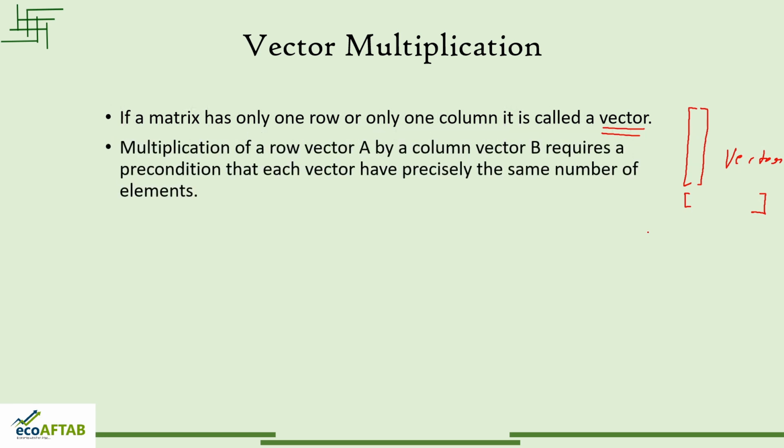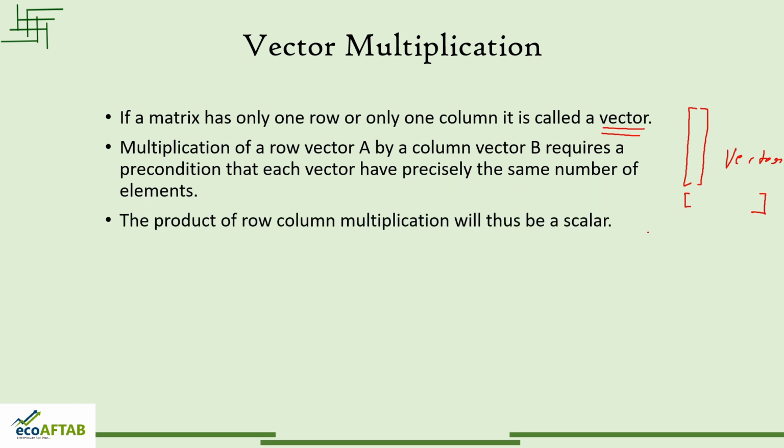Multiplication of a row vector A by a column vector B requires a precondition that each vector have precisely the same number of elements. The product of row column multiplication will thus be a scalar. See the points over here.